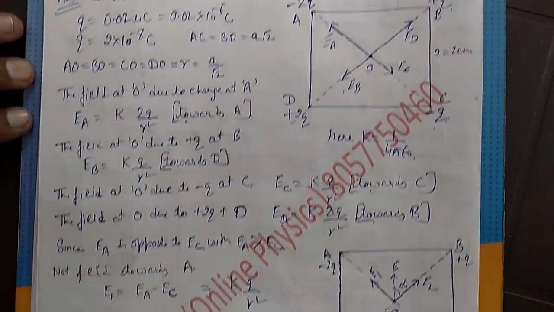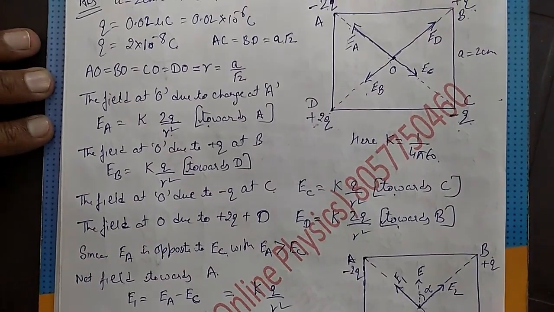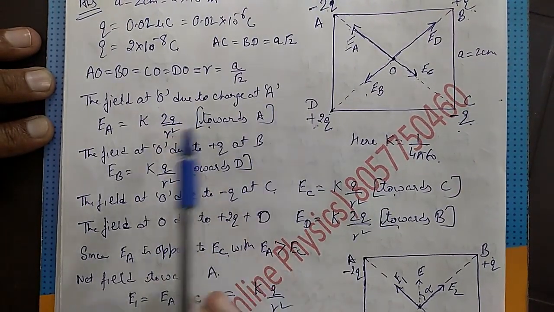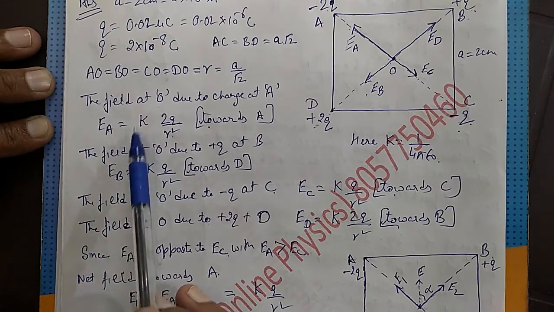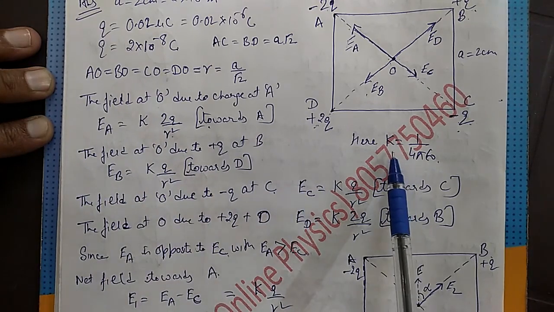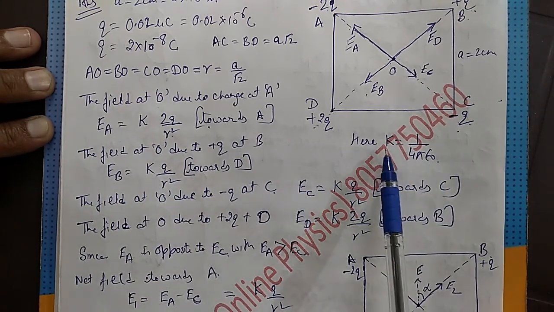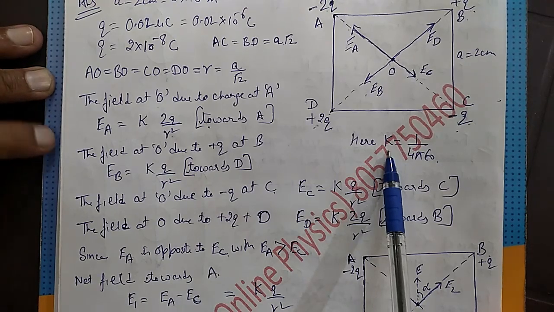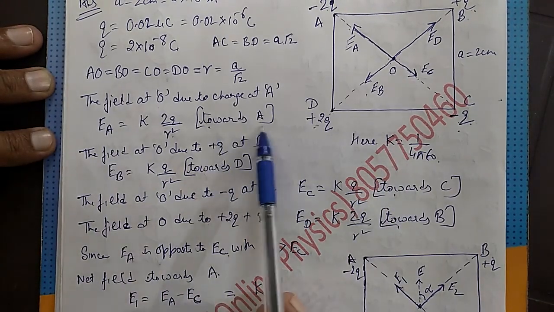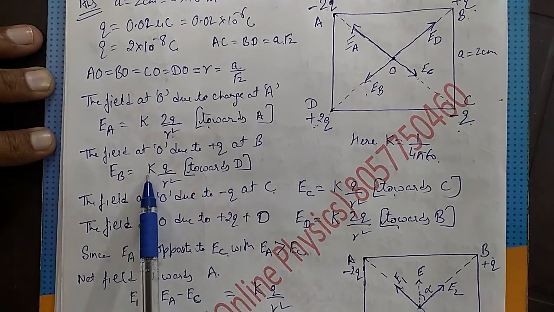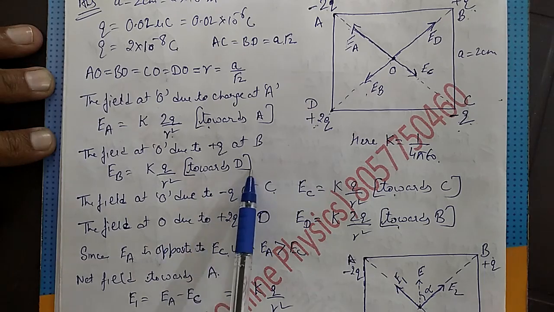Now here I have calculated the field at O due to charge A, which is EA equal to 1/(4πε₀) × 2q/r². Here in place of 1/(4πε₀), I'll take k, just to make the question short. So EA is acting towards A, EB, which is kq/r², acting towards D.